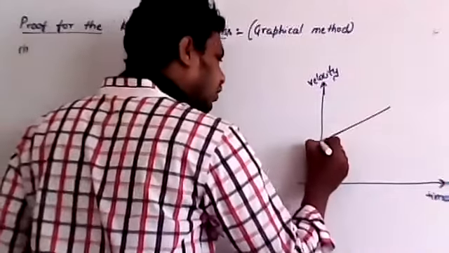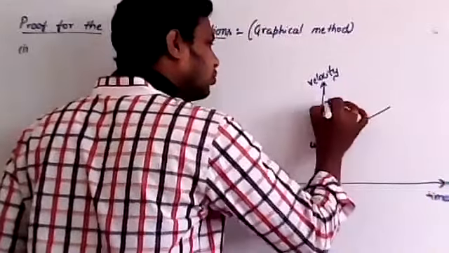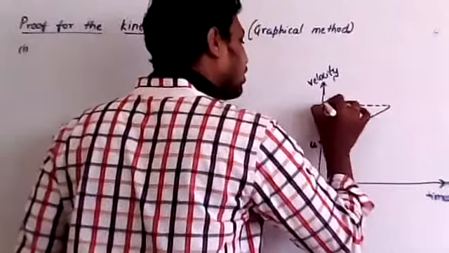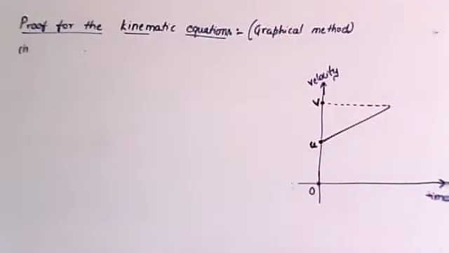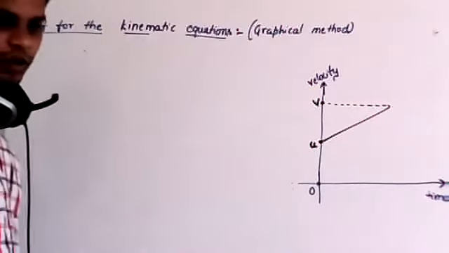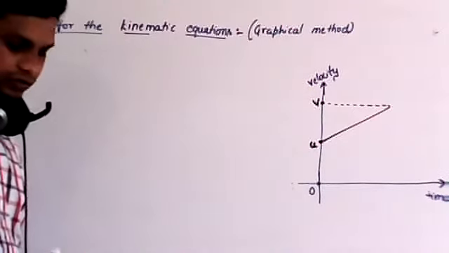At this point we have the initial velocity, I will take it as U. I will take the final velocity as, for example, V. Here U and V are the initial and final velocities.